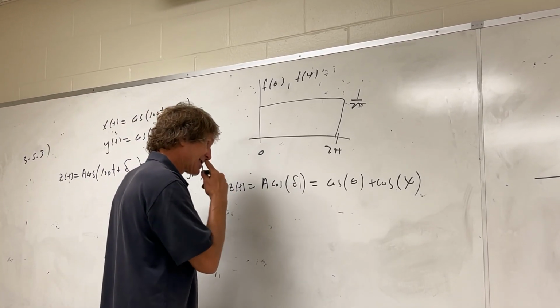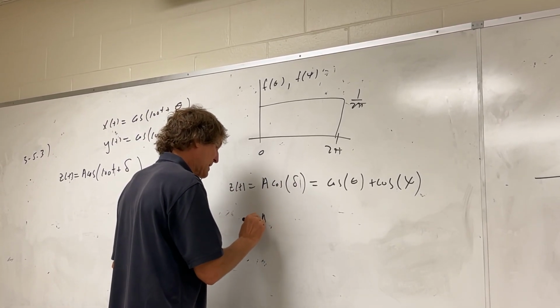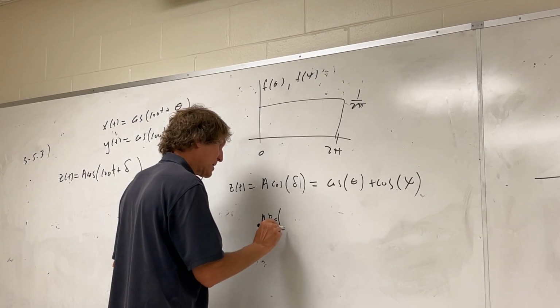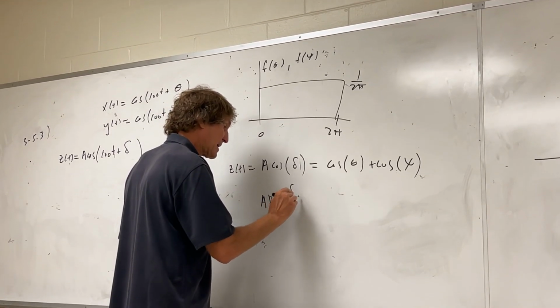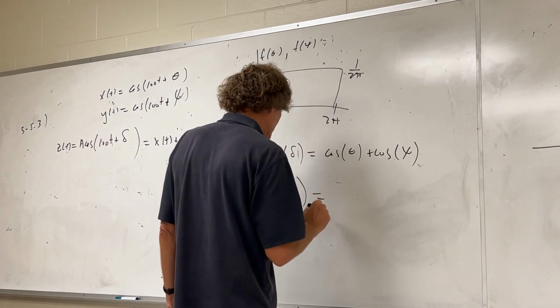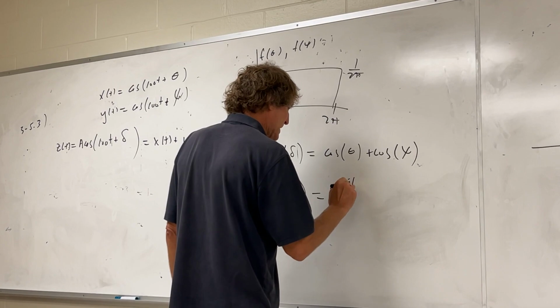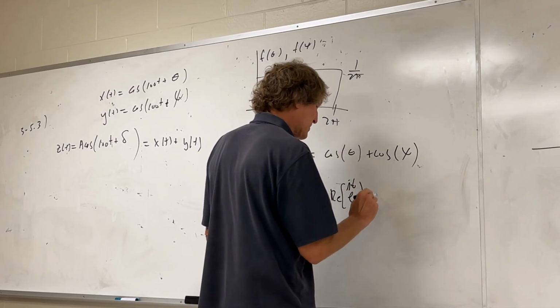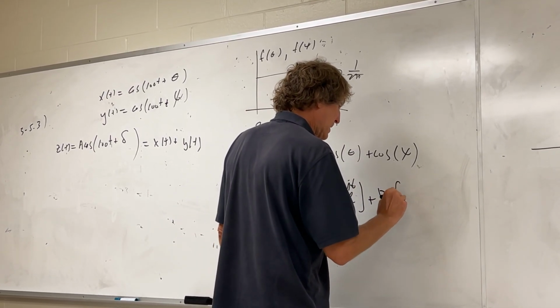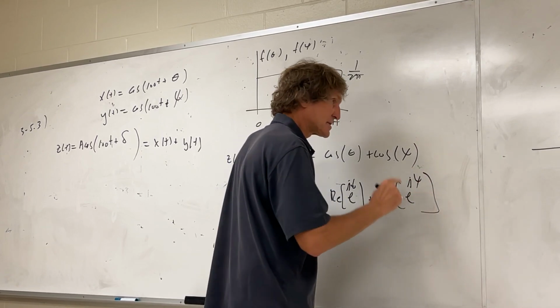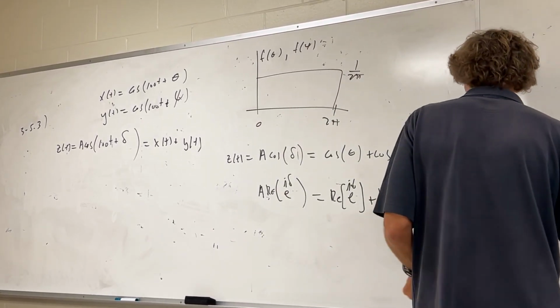What I'm really going to say is this is going to be a times the real part of e to the j gamma, equal to simply the real part of e to the j theta plus the real part of e to the j psi. And you're going to see something here. So, can you all follow me?